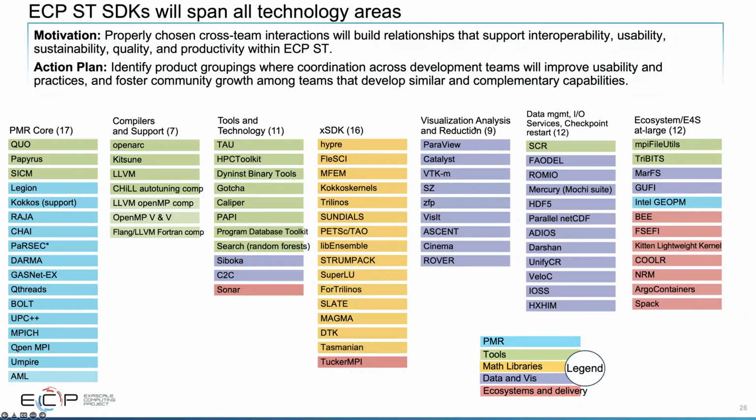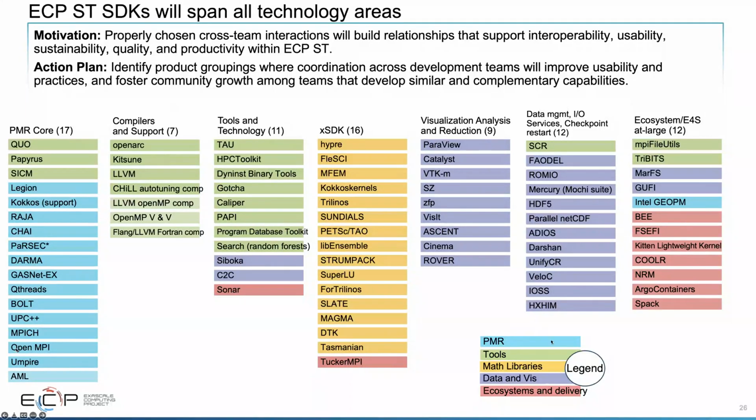We have visualization, analysis, and reduction tools like ParaView, Catalyst, VTK-m, VisIt. You may have heard of ParaView and VisIt tools already. There's scalable checkpoint restart. There are other data management libraries like HDF5, ADIOS2 that are part of the data management I/O services checkpoint restart SDK. We have the ecosystem and E4S at large.